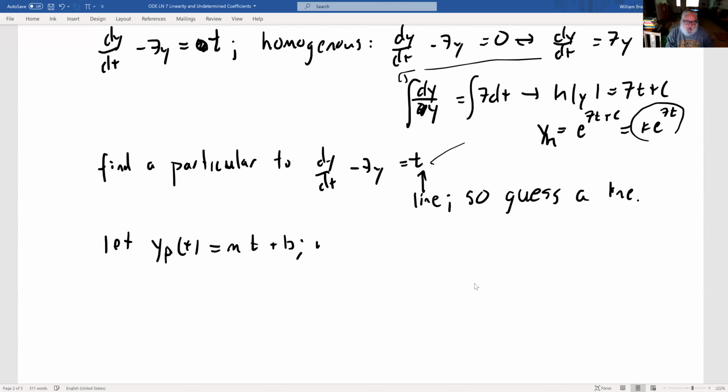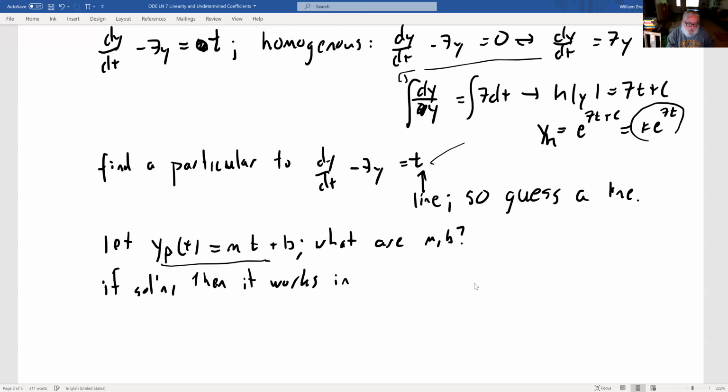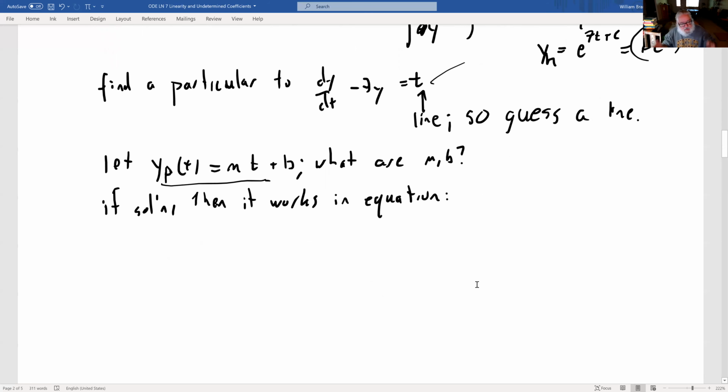And the question is, what are m and b? If it's a solution, it should work in the equation, which means we plug it in and see what we can get for m and b.